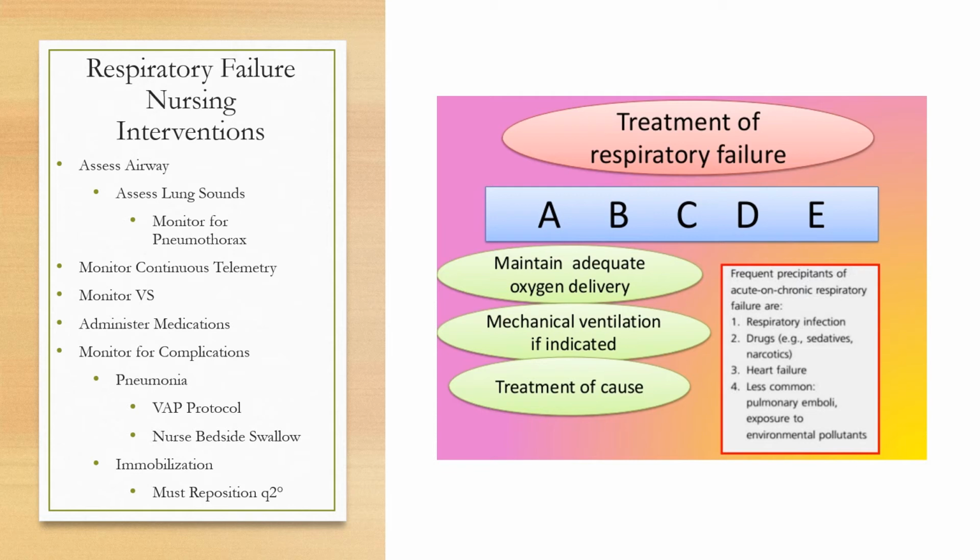Now, D and E, we won't spend too much time on it here, but D stands for disability, which is a neurological status, a neurological exam. Okay, are they talking? What's their Glasgow Coma scale? Can they move their arms? Can they move their legs? And E is environment and exposure.